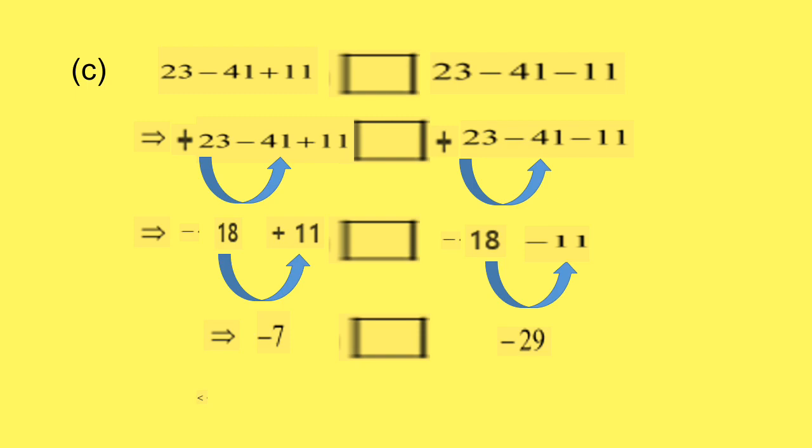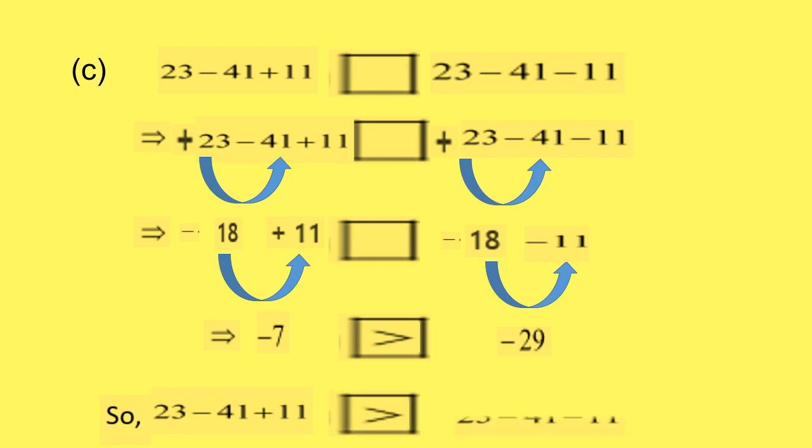So here also both integers are negative, minus 7 and minus 29. So here the number 7 appears smaller than 29. So minus 7 is larger than minus 29. So I will put the symbol like this and I will write the answer like this.